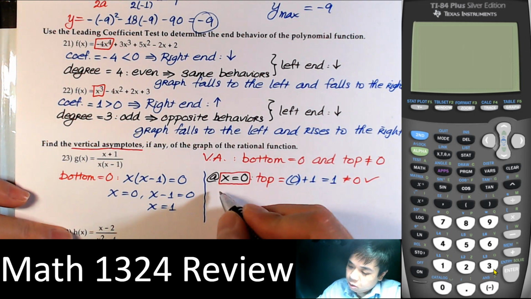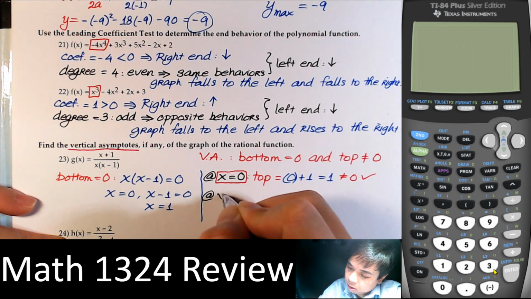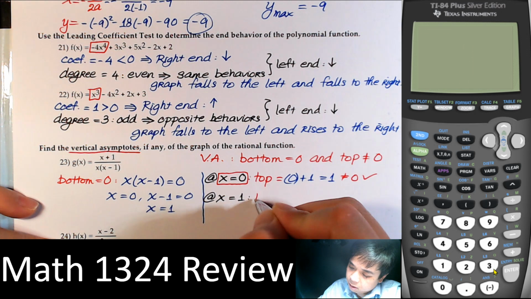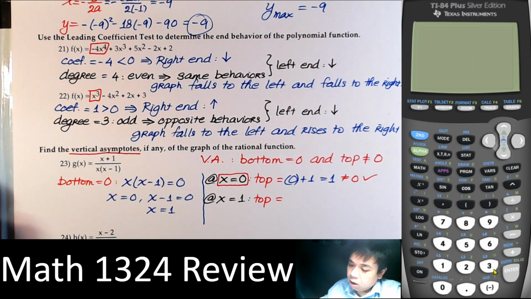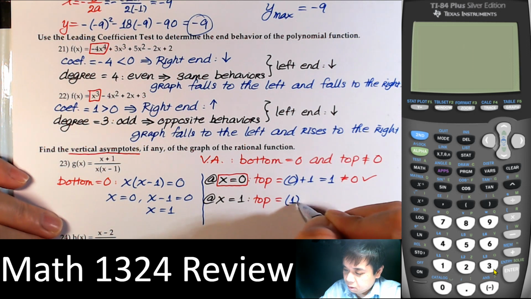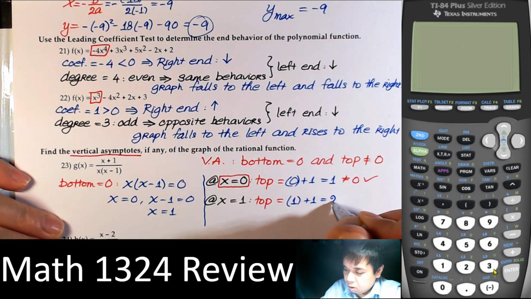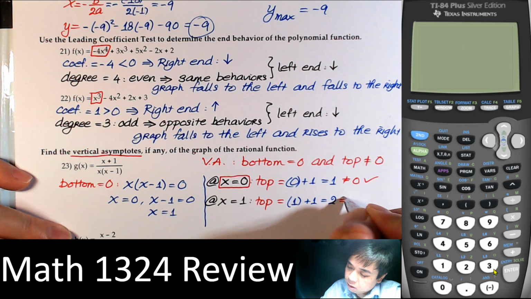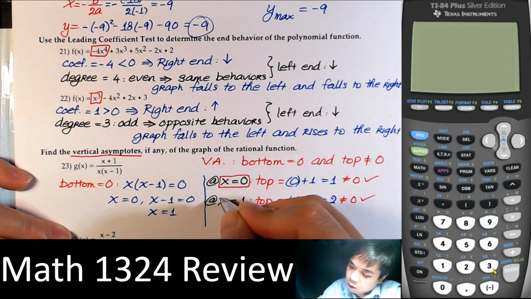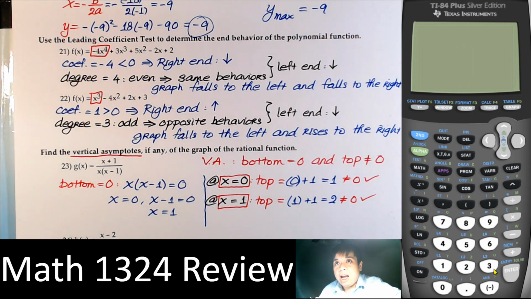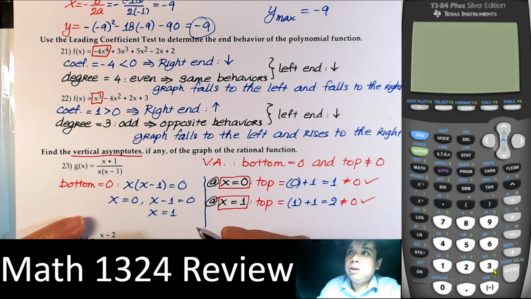And now at x equal to 1, the top will be equal to, put 1 in for x on the top, and that's not equal to 0, which is good. So in that case, this is also good. So we have two vertical asymptotes, x equal to 0 and x equal to 1.